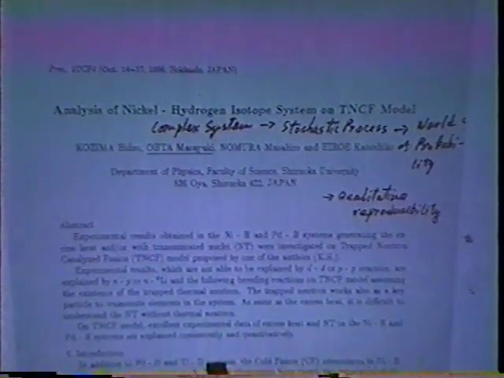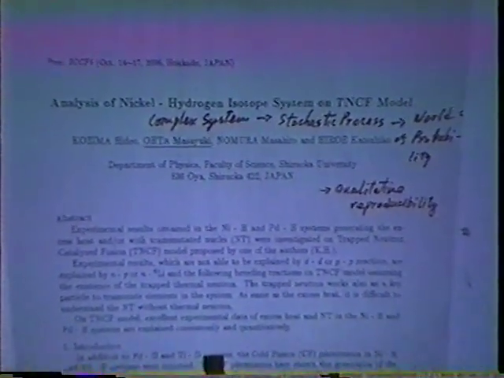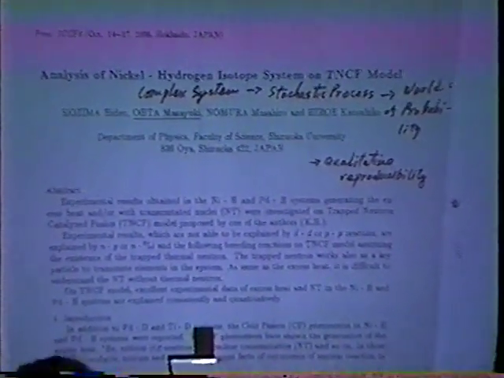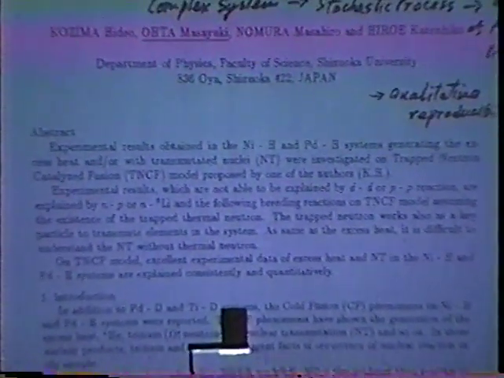As it is already common sense, the cold fusion materials are complex systems. So the atomic processes occurring there are stochastic processes in a world of probability.